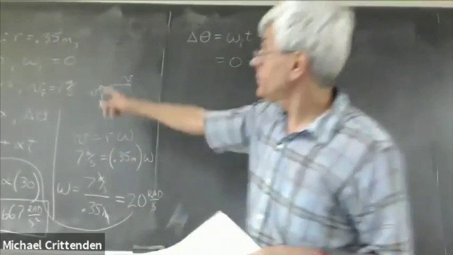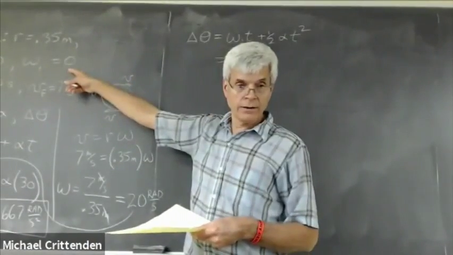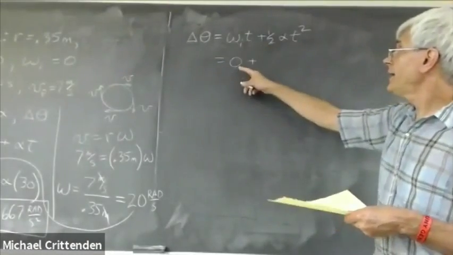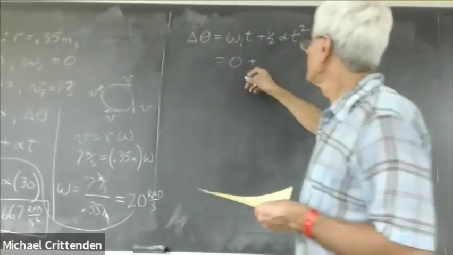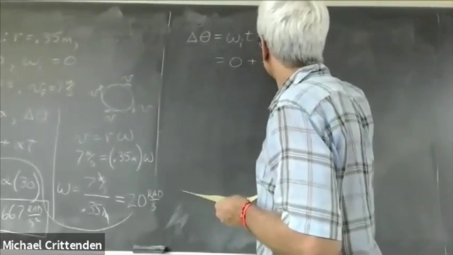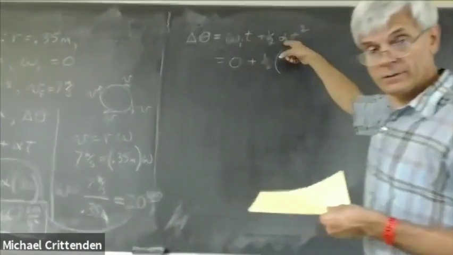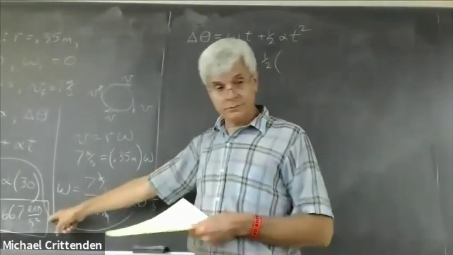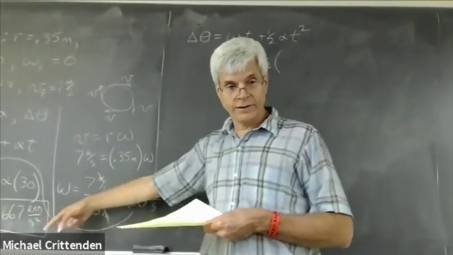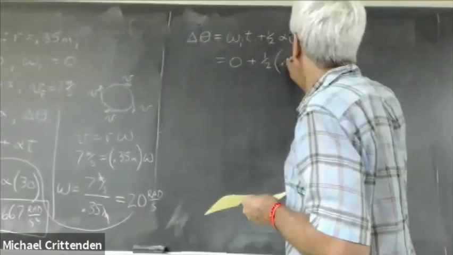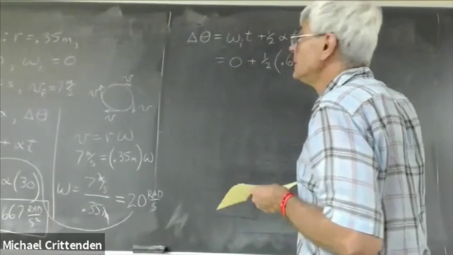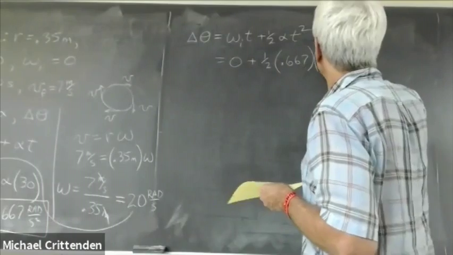I guess it still shows up over here. Omega initial equals 0. So 0 times the time would still be 0. Alpha, the angular acceleration, that was my other answer, which you can kind of still see the edge of right there. And the time, 30 seconds.